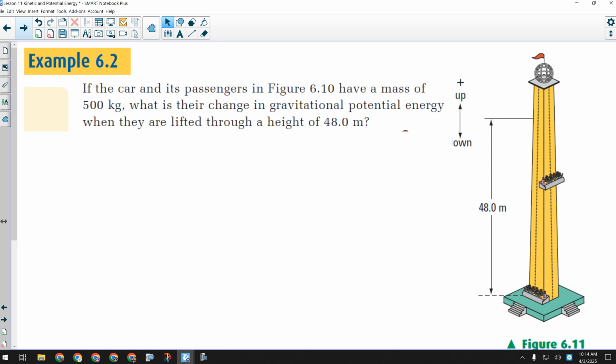A car and its passengers have a mass of 500 kilograms. What is their change in gravitational potential energy if they are lifted from the ground to a height of 48 meters? Without overthinking this, change in anything is final minus initial.